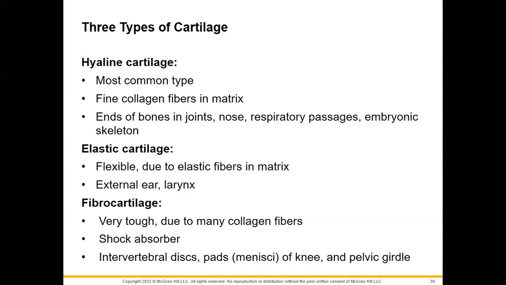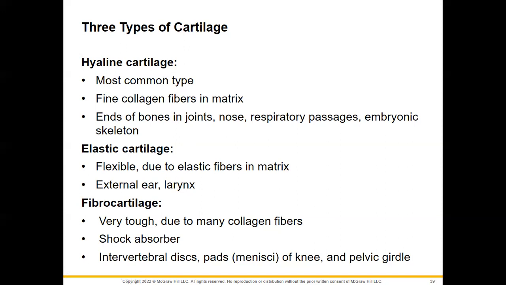This is what allows babies to go through the narrow vaginal birth canal and not break any bones because their bones are squishy and more flexible. So that is hyaline cartilage, the most abundant type or the most common type of cartilage that we have.